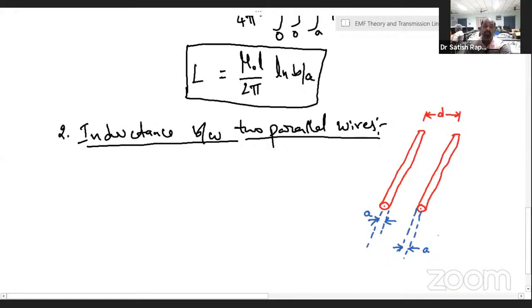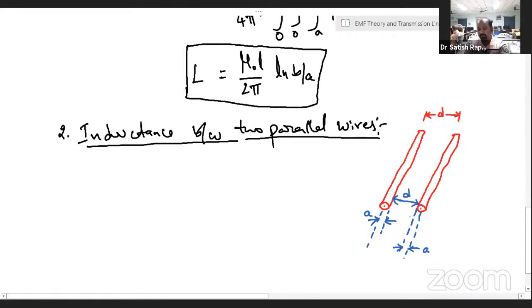So we are considering the same type of conducting wires, and they are separated by distance d, from this edge to this edge.